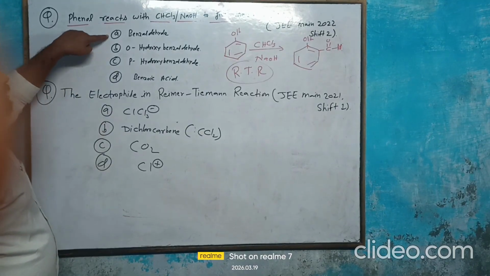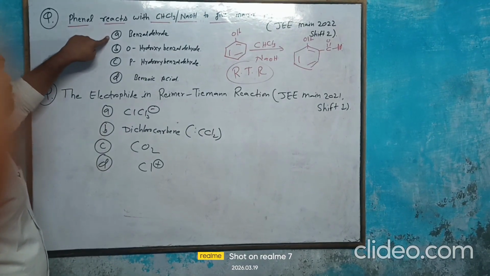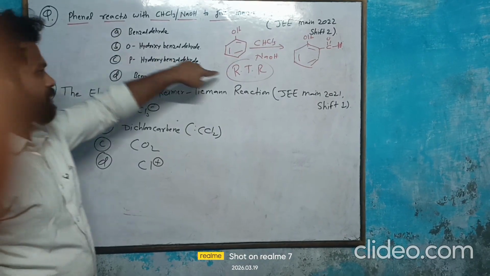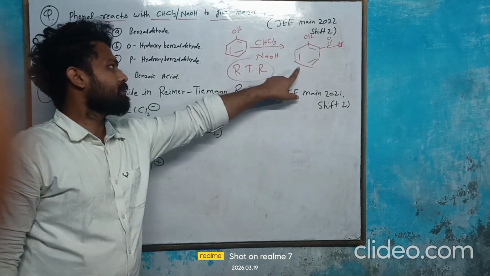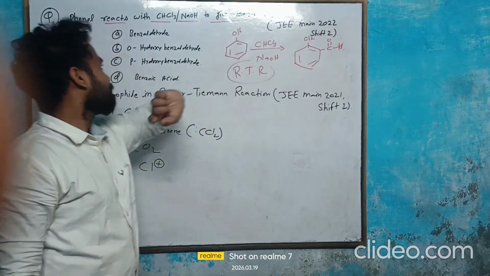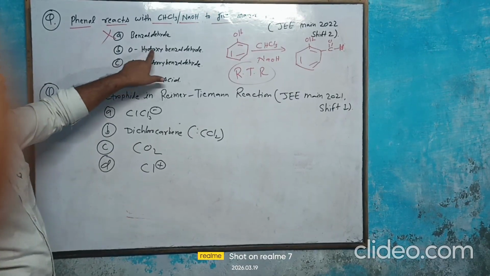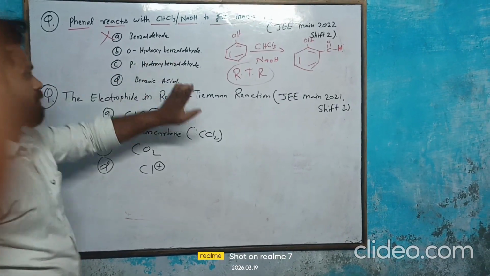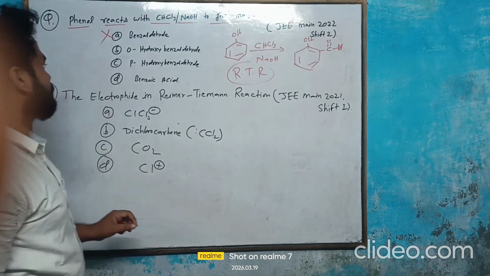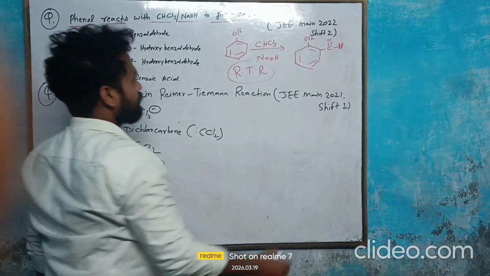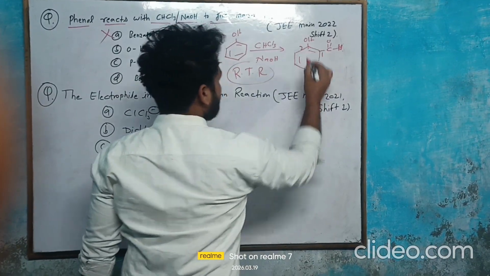The first option is benzaldehyde. This product is not benzaldehyde because there is an OH also, so this is not correct. The next option is ortho-hydroxybenzaldehyde. This is 1, 2.